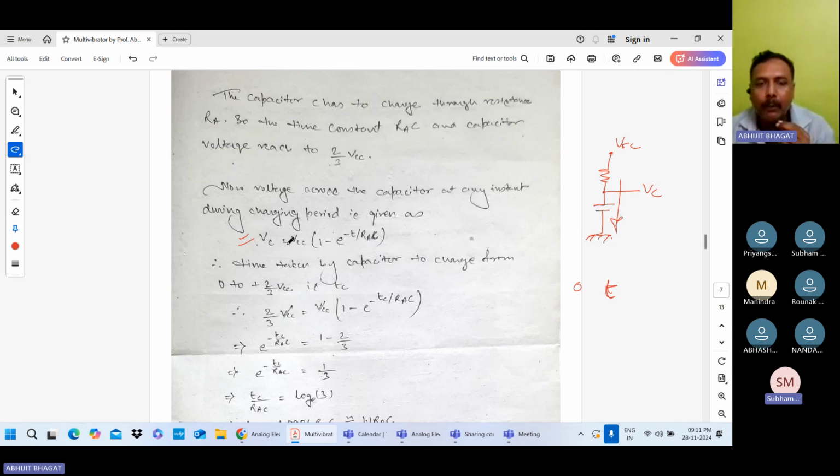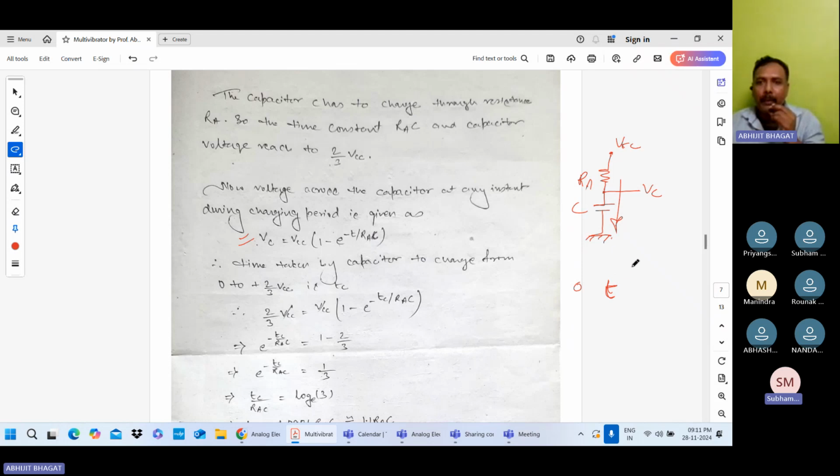So this VC equal to what? Supply voltage into 1 minus e to the power minus t divided by RAC. RAC means this is the RA and this is the C. This is the formula for finding the voltage during the charging time.